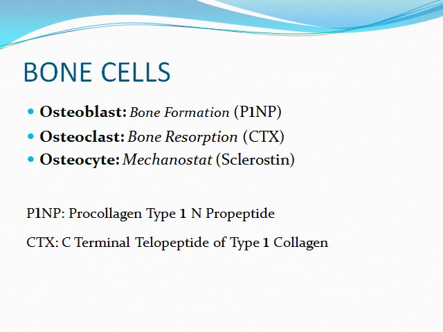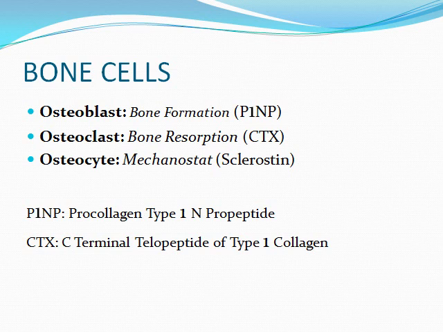Now, there's three types of bone cells: the osteoblast, the osteoclast, and the osteocyte. The osteoblast is the bone formation cell. The osteoclast is the bone resorption cell, and the osteocyte serves as the mechanostat. It senses mechanical pressure in the bone.